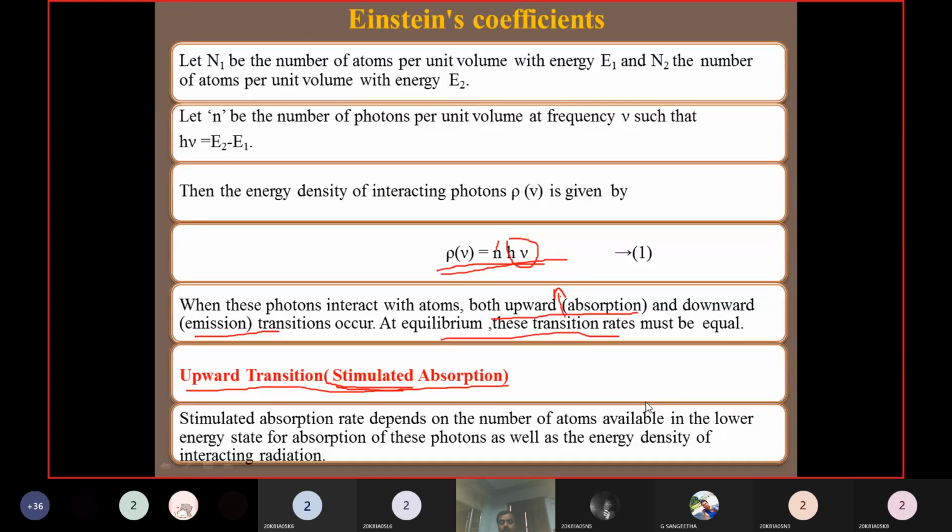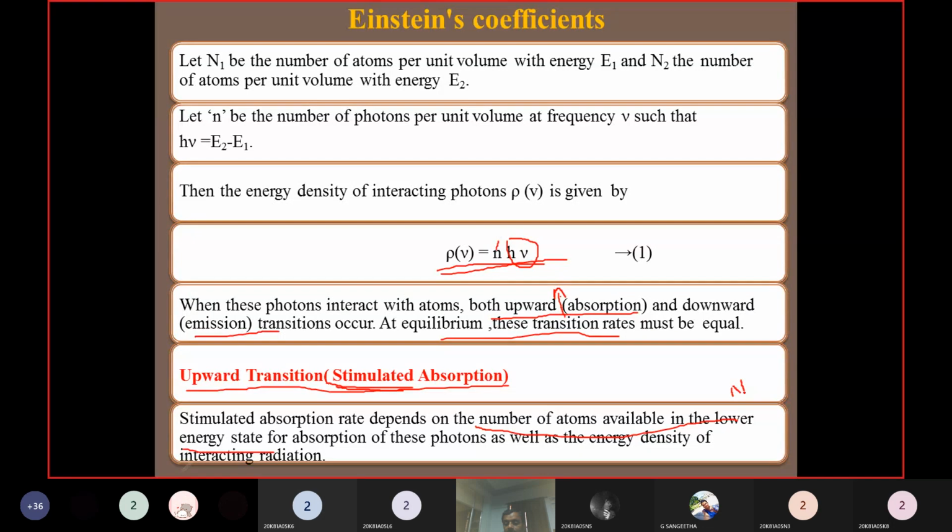The stimulated absorption rate depends on two parameters. The first is the number of atoms available in the lower energy state, that is, how many electrons are there in the lower energy state.